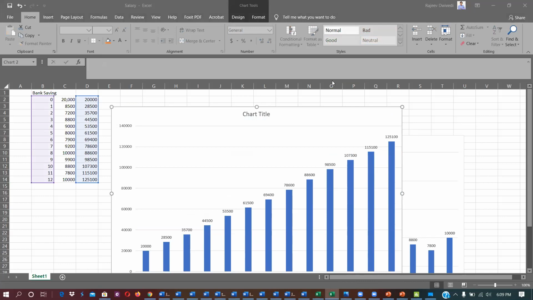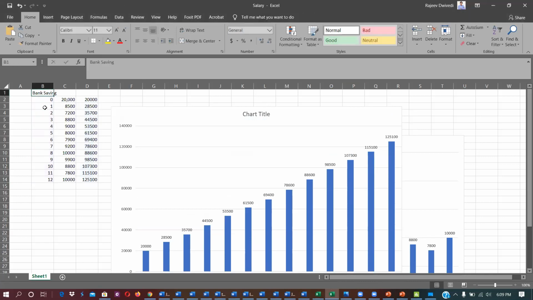So I give this example. Look into my saving account. For example, this is my saving account. When I started saving, at the initial stage or at the 0th month, I had 20,000 in my account. In the first month I deposited 8,500.